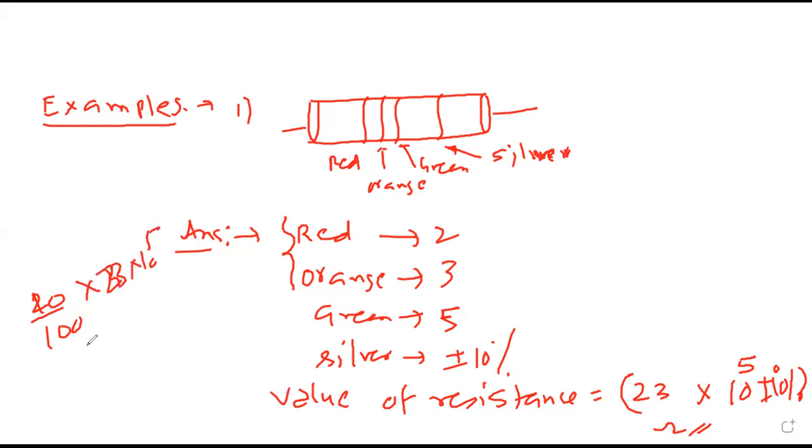In case they ask for the value of tolerance, then you have to write this. If not, you can keep it in percentage. This is the method of finding the value of resistance by color code. First two colors represent significant digits. Third is the multiplier, an integral power of 10. Fourth represents tolerance. Draw this diagram, write the answer.